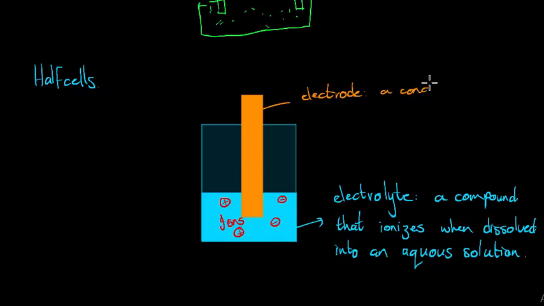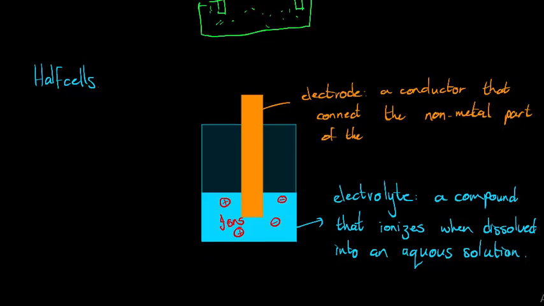So we've got electrolyte, which is a solution of ionized particles, and then we've got an electrode, which is a conductor that connects the non-metal part of the circuit, the electric circuit.